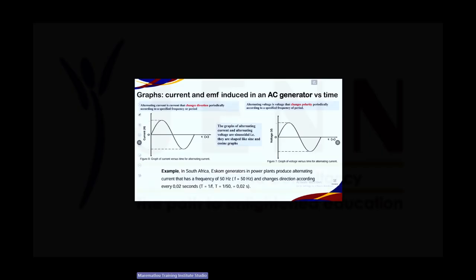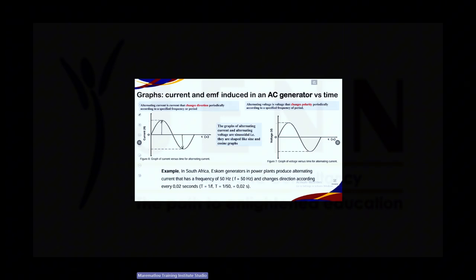Now, if we look at our alternating current, or alternating generator, this is where we are going to work with our graphs as well. Because it rotates 360 degrees, you will see that alternating current creates a maximum voltage and a minimum voltage.